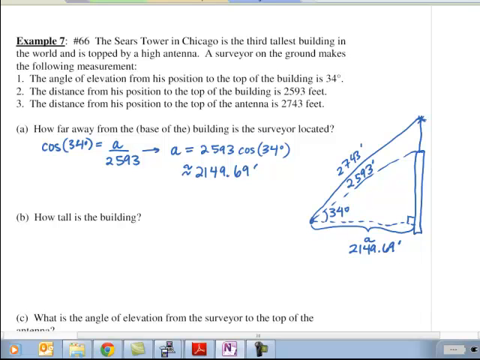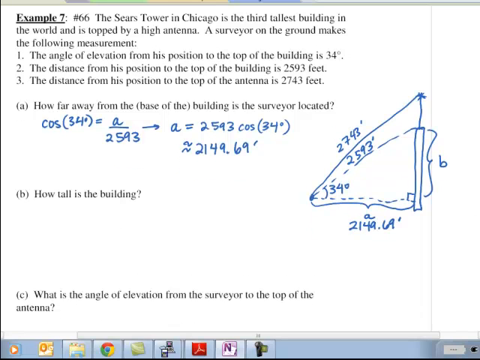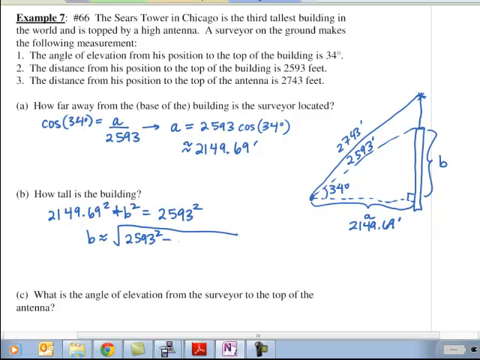Now we have two sides of this triangle, with the third side being the height of the building. So we could use the Pythagorean theorem. Let's call this height B for building. So we'd have 2149.69 squared plus B squared equals 2593 squared. So B would be approximately the square root of 2593 squared minus 2149.69 squared.